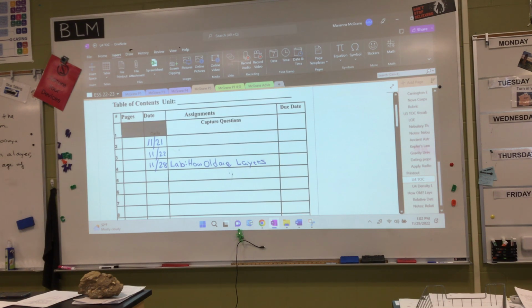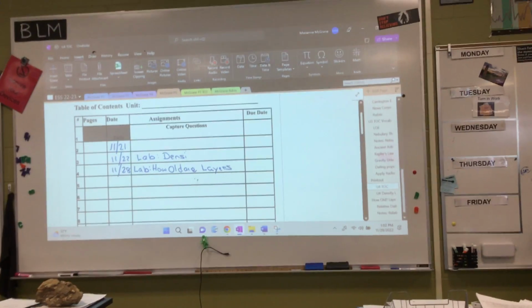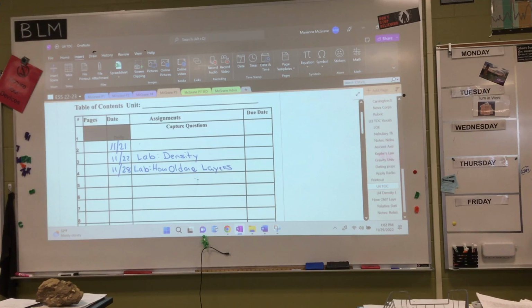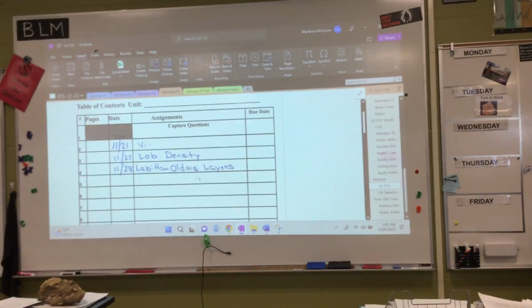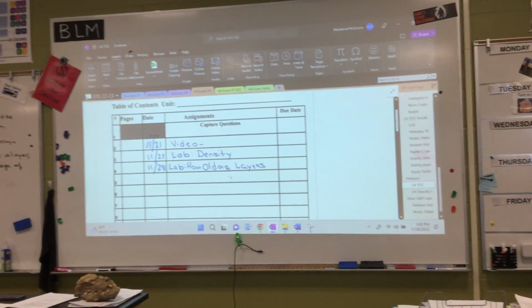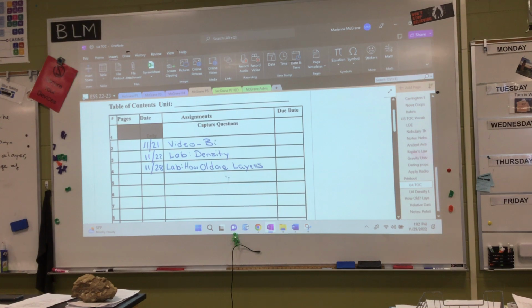What was 11:22? Our density lab? Lab on density. This way, next time I pull it up, it'll be here. And then on 11:21, we had a video handout, and that was called Birth of Earth. All right, and so this was page 3 and 4.